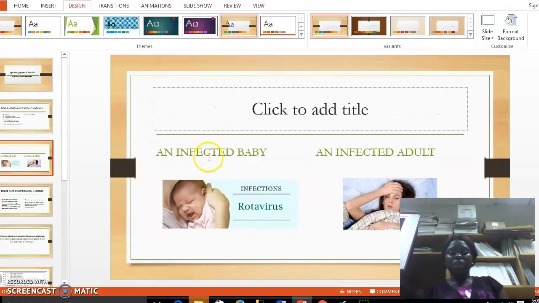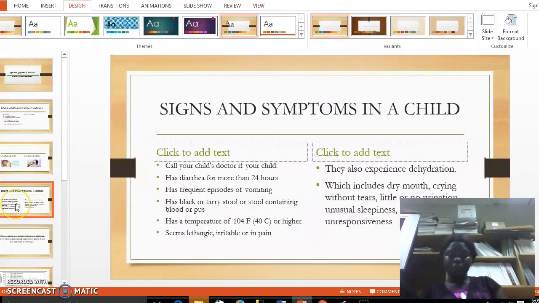As you can see in this picture, it illustrates an infected baby and an infected adult with rotavirus.